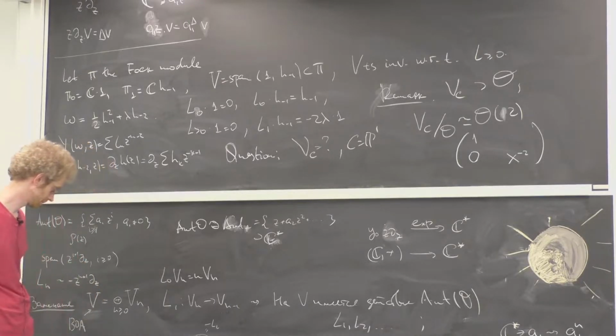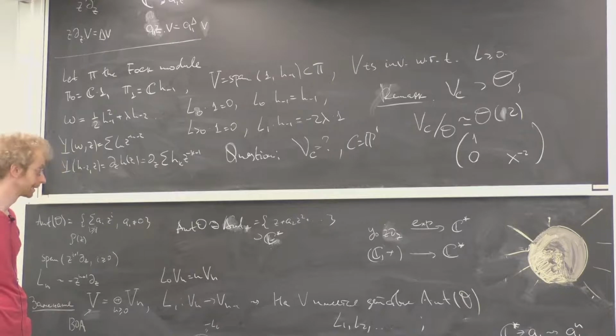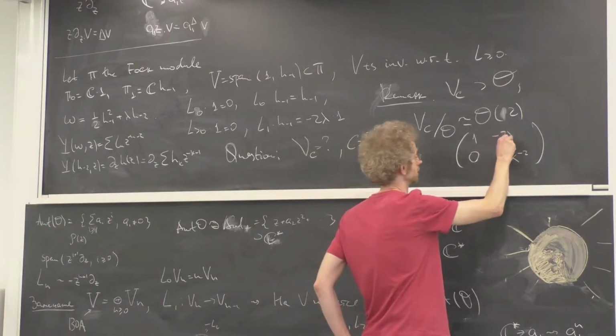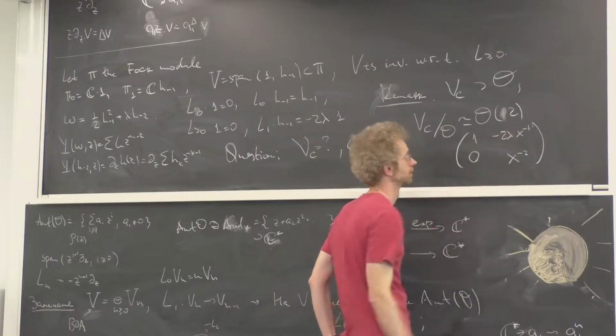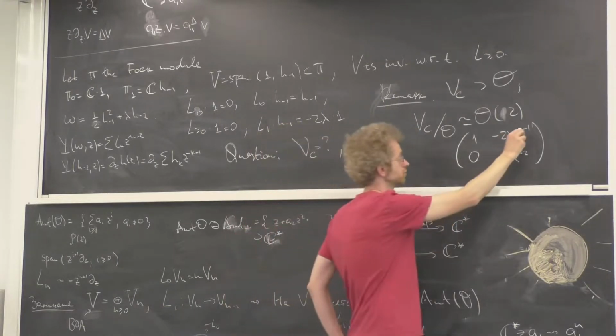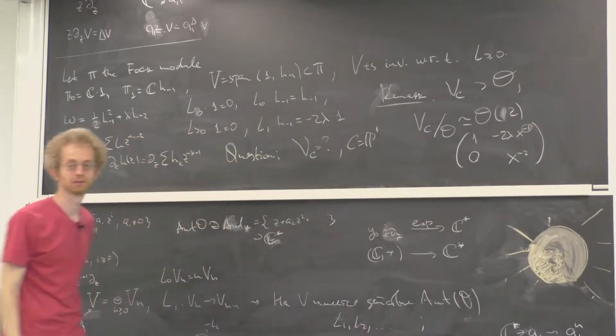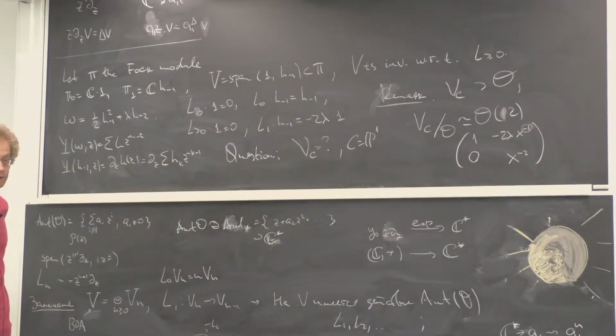It seems there will be something like minus 2 lambda, x minus 2. Or minus 2, or what should be here?